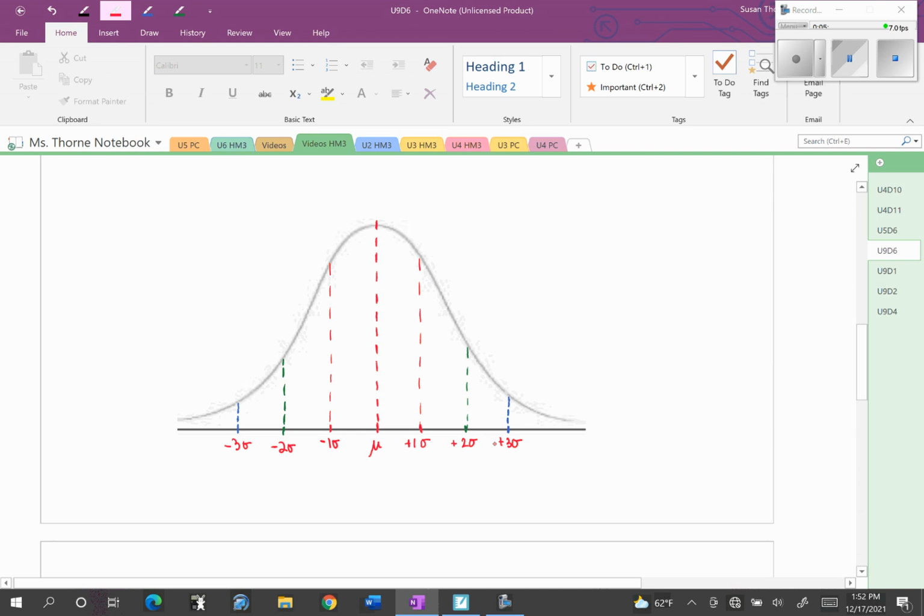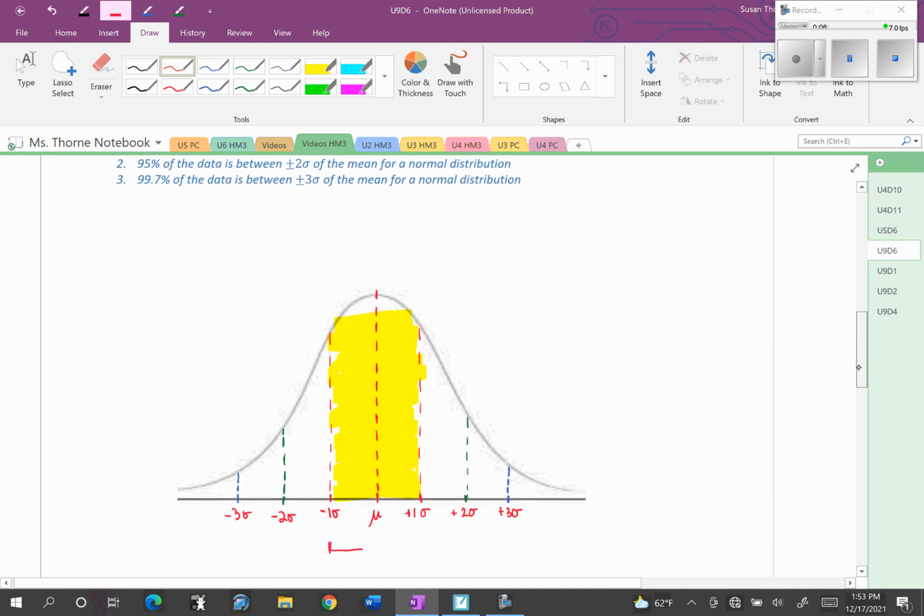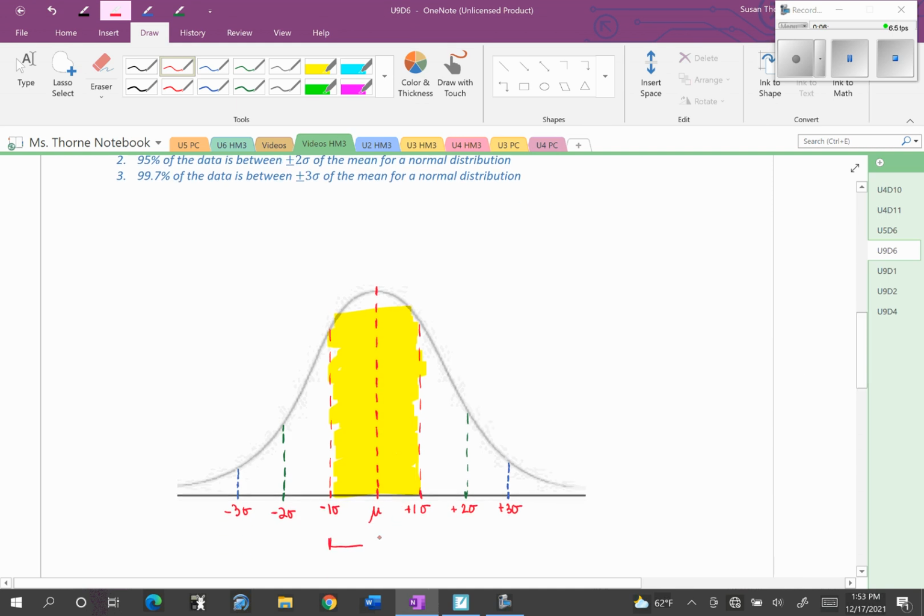So for this, we are saying that within 1 standard deviation of the mean, which would be from here to here, so this area, which is the area underneath the curve, so all of that is 68% of the data, or of the area, so 68%.